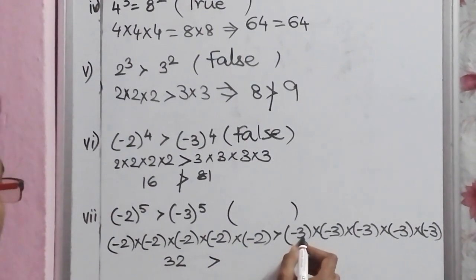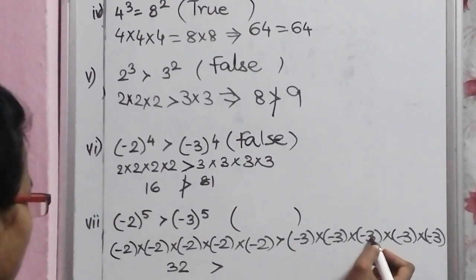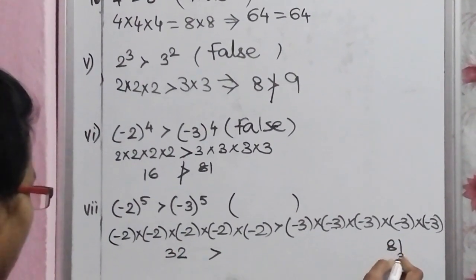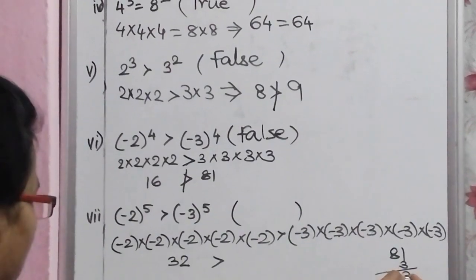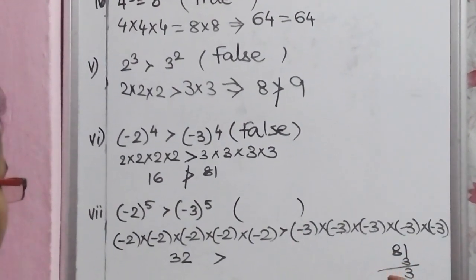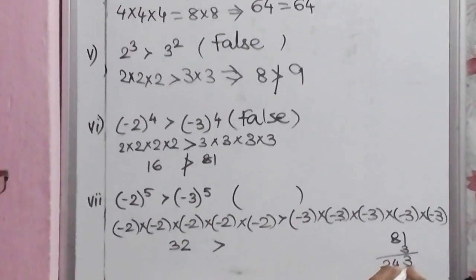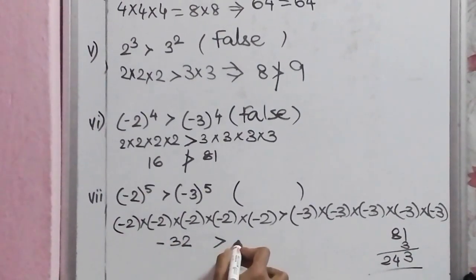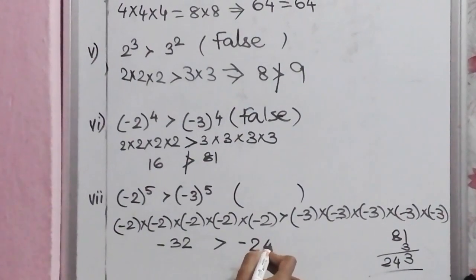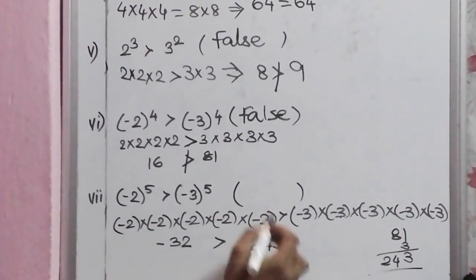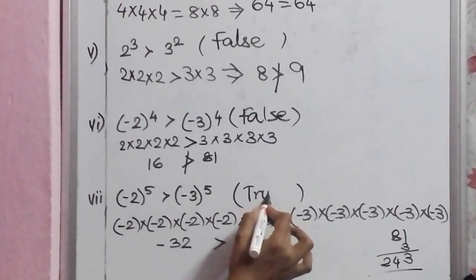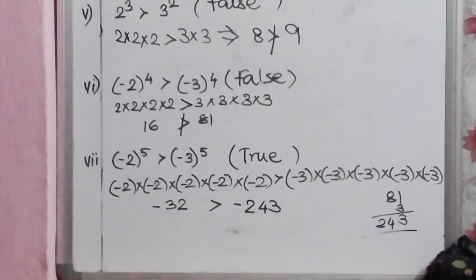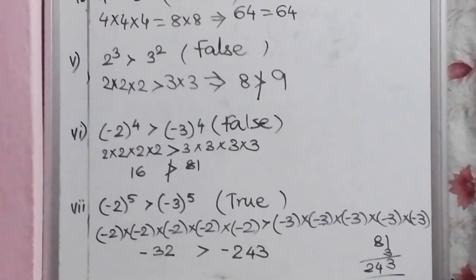This is greater than 3 threes are 9, 9 nines are 81, 81 into 3, 3 ones are 3, 3 eights are 24. So minus 32 is greater than minus 243. Is it true? Yes, it is correct. So write here true. Understood these problems? Copy in your class workbooks, children.